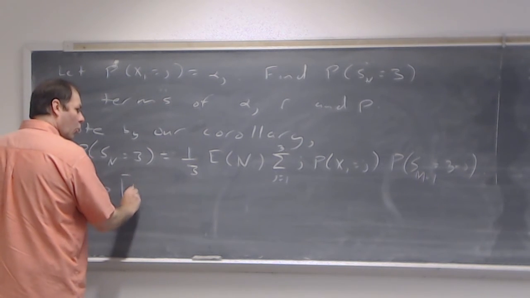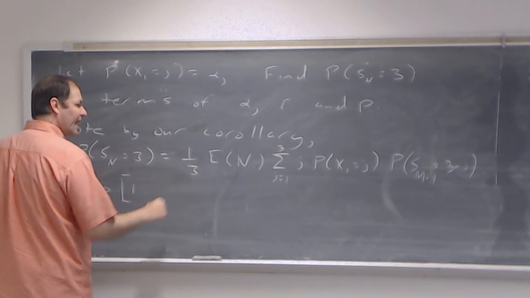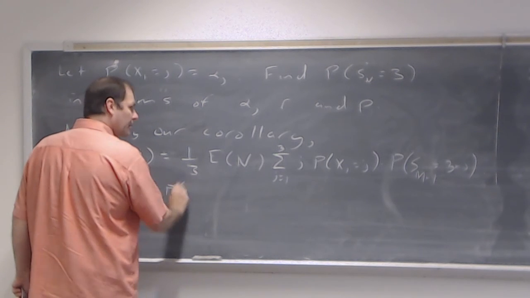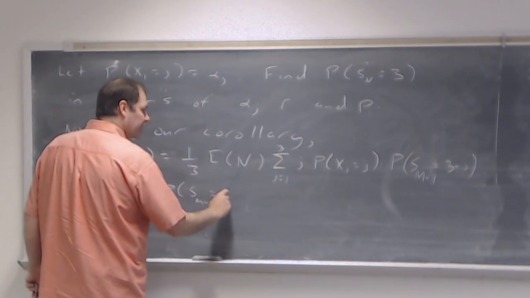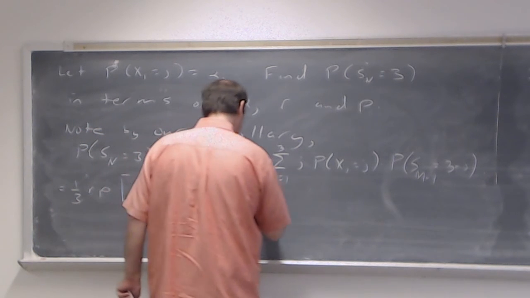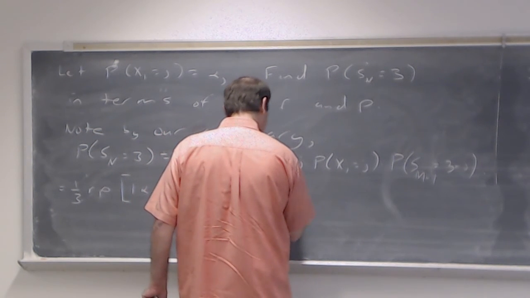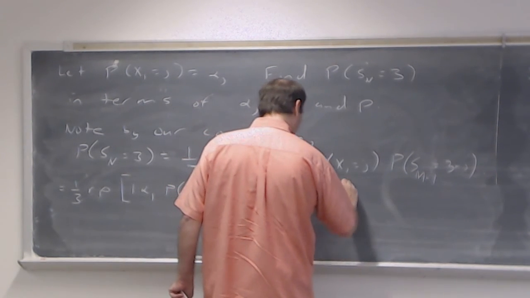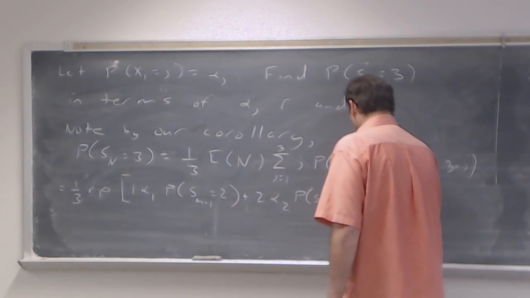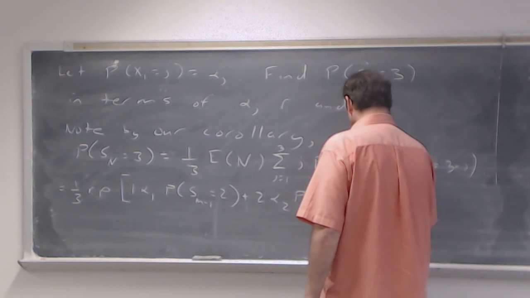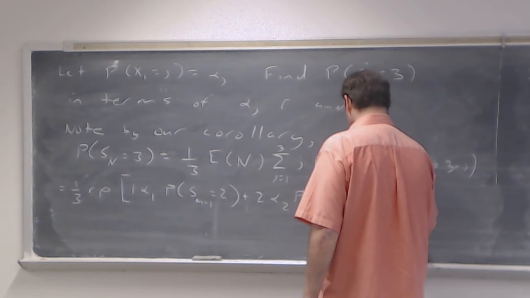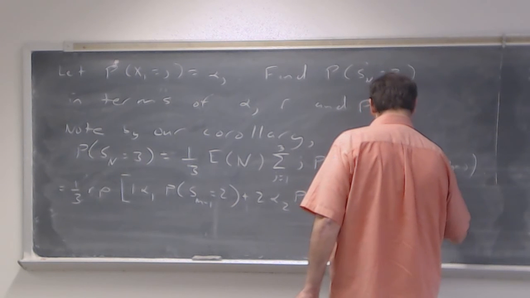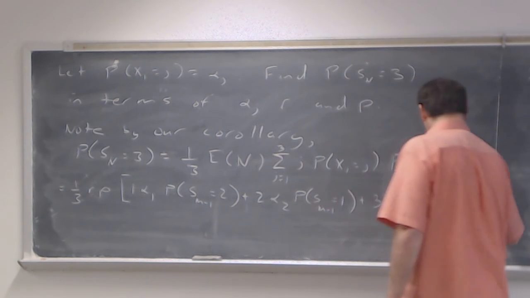This sum would be 1 times the probability x of 1 is equal to j, which is equal to alpha sub 1, times the probability that s of m minus 1 is equal to 2, plus 2 times alpha sub 2 times the probability that s of m minus 1 is equal to 1, plus 3 times alpha sub 3 times the probability that s of m minus 1 is equal to 0.